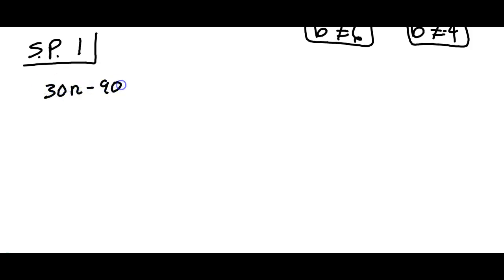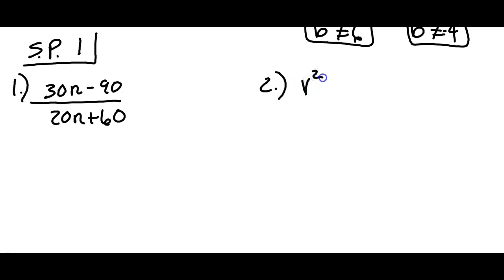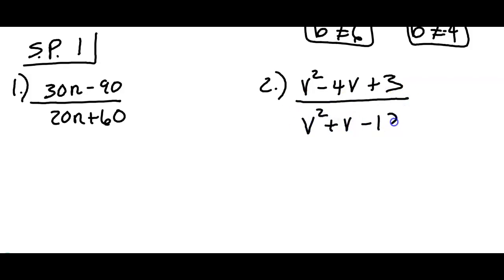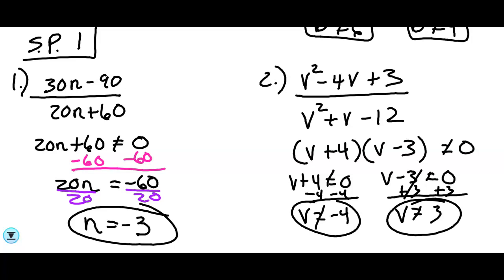So I'll give you ones just like I had. I'll give you an easy one and a harder one. There's our easy one, and then I'll give you a harder one. Okay.